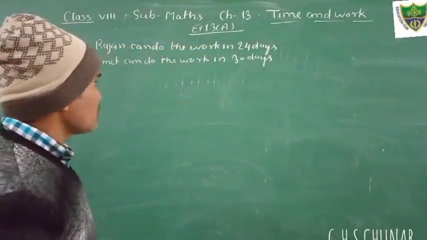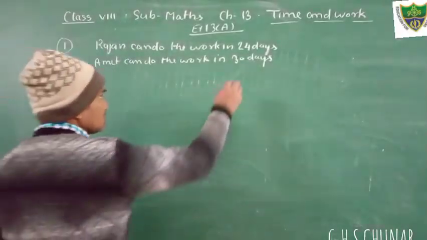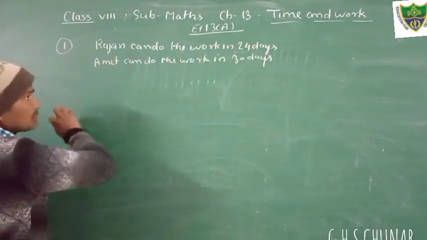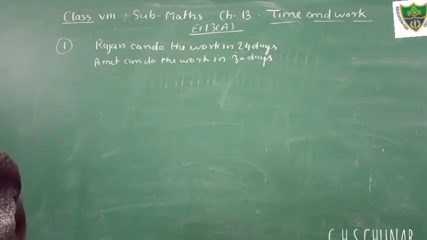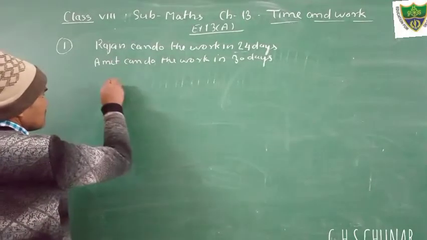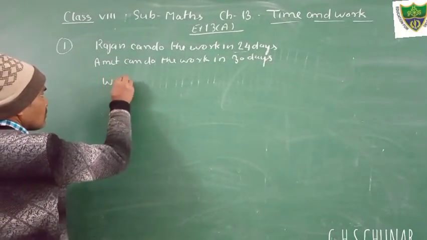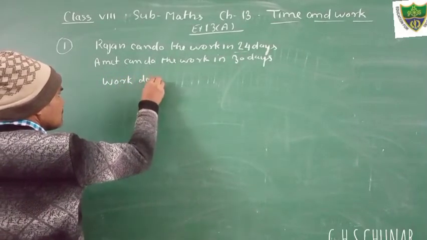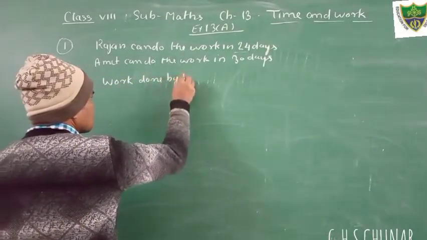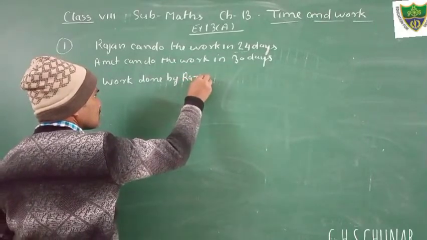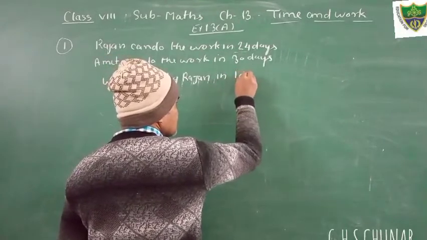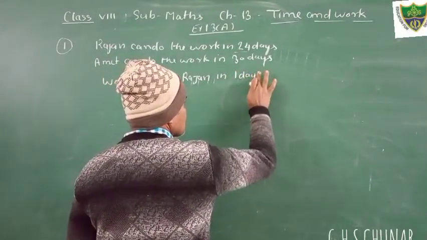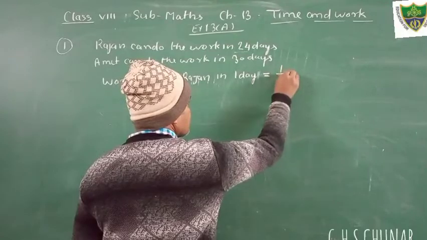So first we find the work done in 1 day. Here it is given that Rajan can do the work in 24 days. So first we find the work done by Rajan in 1 day, that is 1 upon 24.